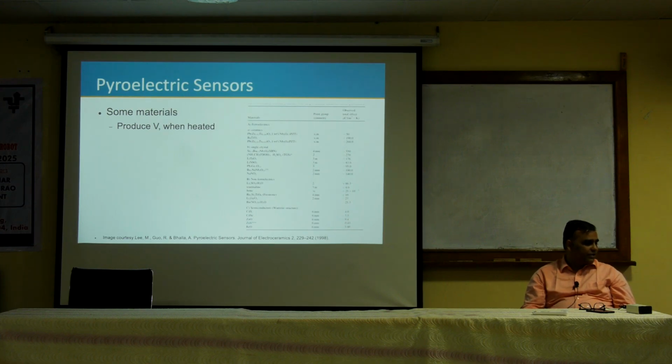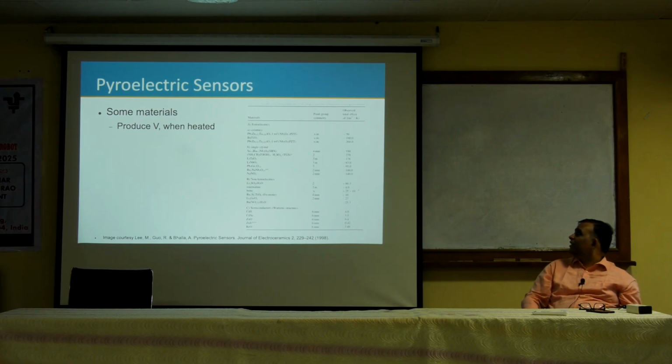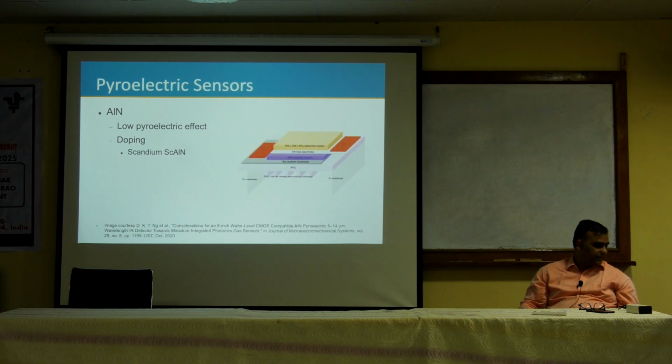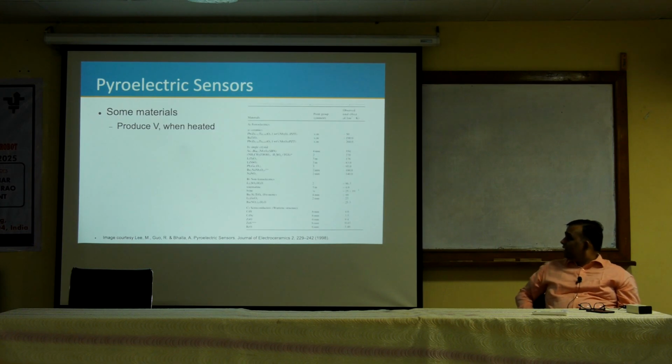The other thing which is often designed is pyroelectric based sensors, and then you have got another property to look at, pyroelectricity. Here, if you look at things like aluminum nitride, do we have aluminum nitride here?